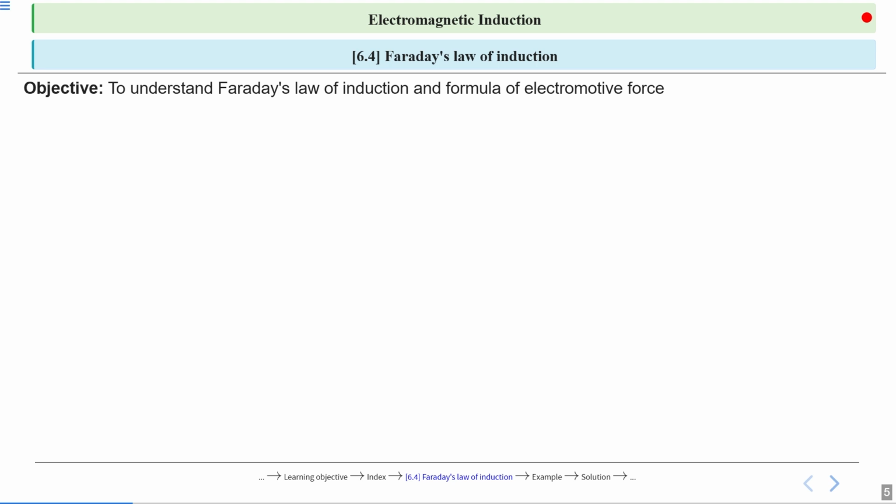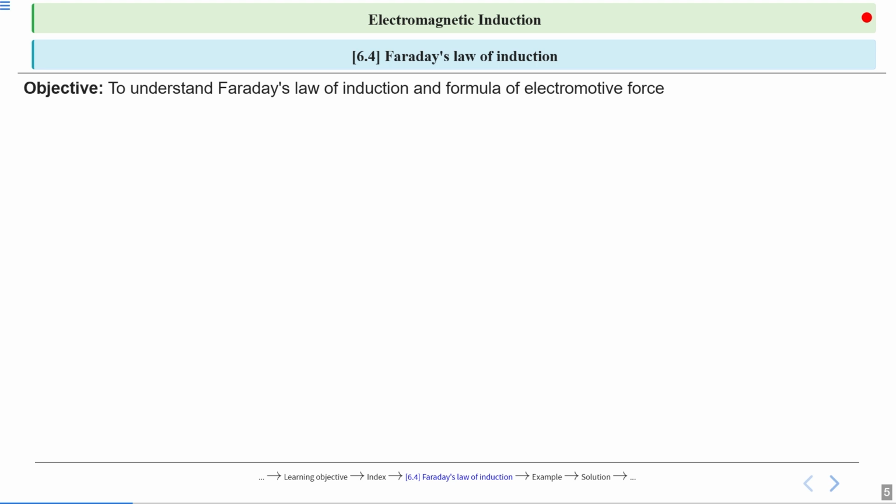Now we are going to discuss the EMF that is induced due to the change in magnetic flux. We are going to use EMF in this entire chapter. The concept of a battery or any component connected to its terminals is not there.